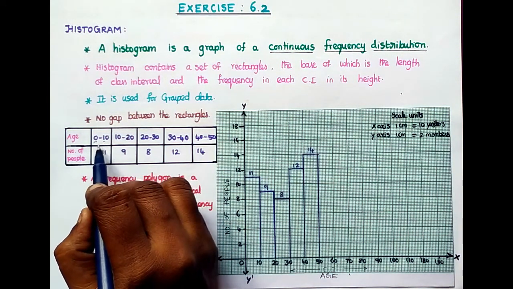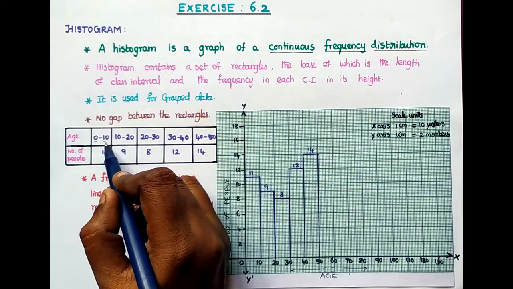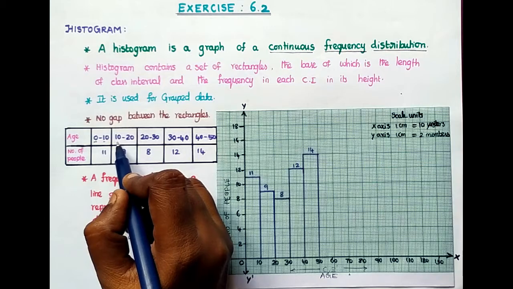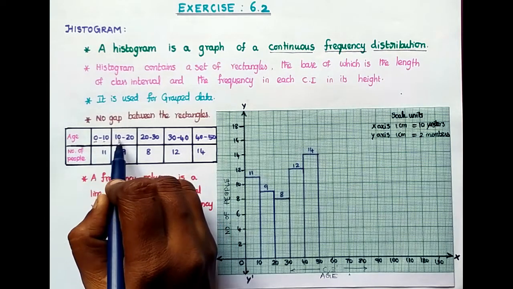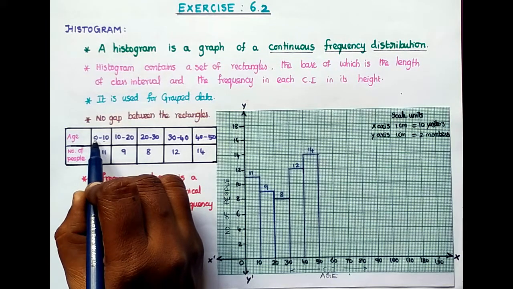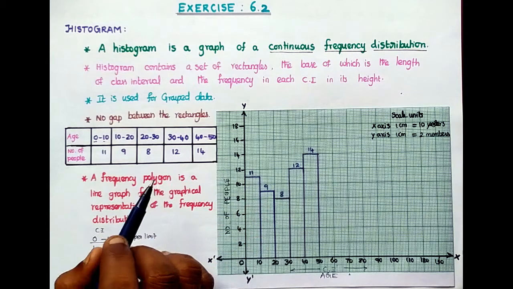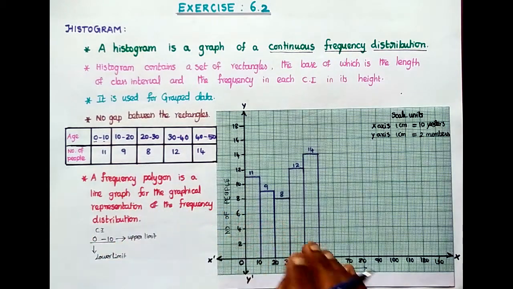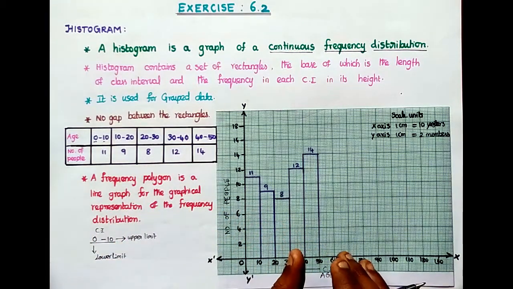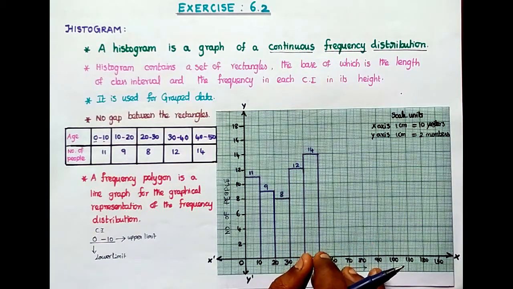Listen, in the first class interval, which one is the upper limit? 10. So the next lower limit is 10. So it continuously comes up. So it is a continuous frequency distribution. We can make a histogram of a continuous frequency distribution only.